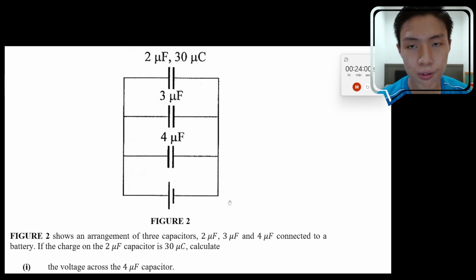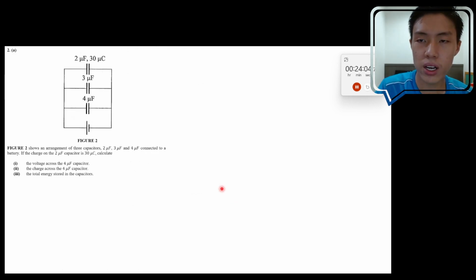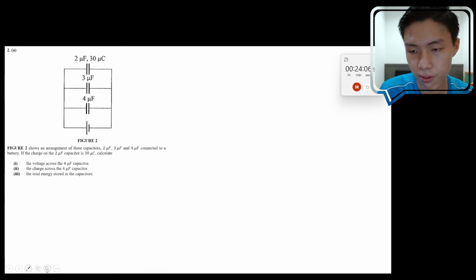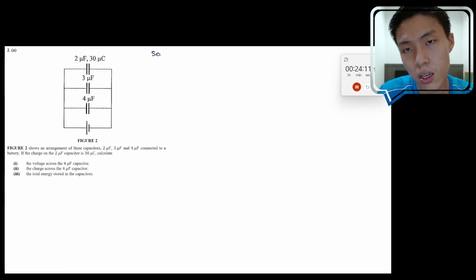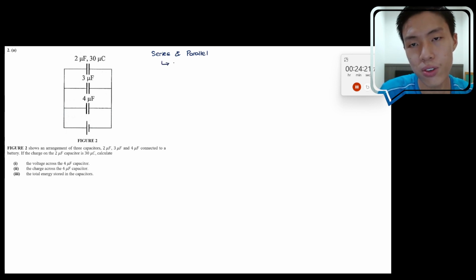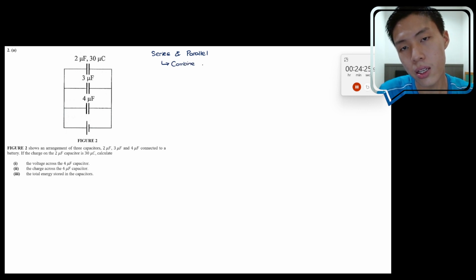Okay, this is a very typical series and parallel question. What I usually tell my students is, if it does not involve more than one battery, if there's only one battery or no battery, any series or parallel question you have to solve using a technique: you combine, then you reverse.